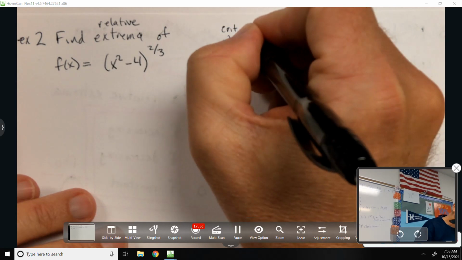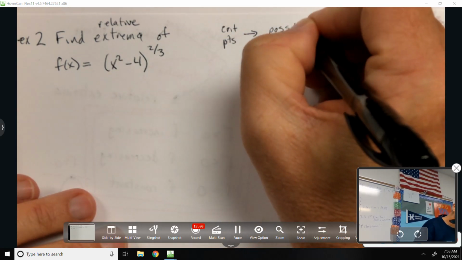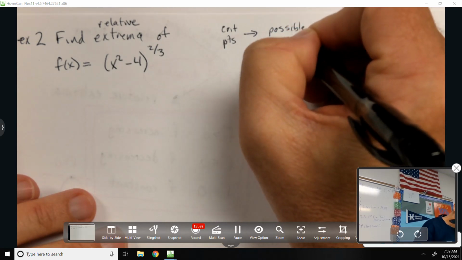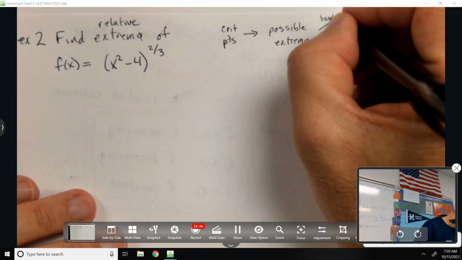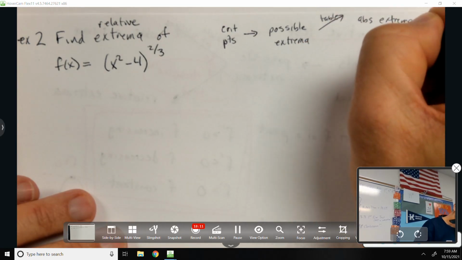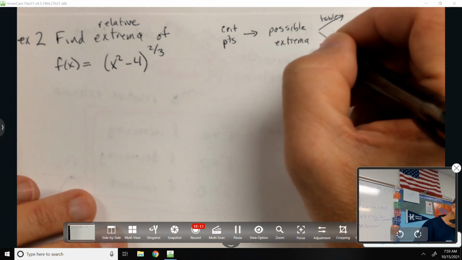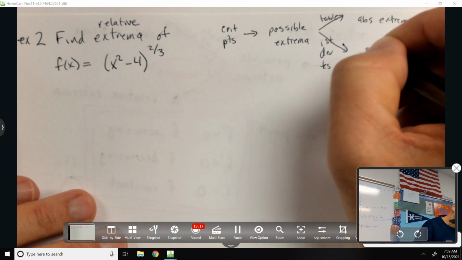You don't need to write this again, but maybe it helps to see it again. Critical points lead to possible extrema. Monday we did a table of values to get the absolute extrema. This is exactly what I wrote earlier. Today we're doing the first derivative test to find the relative extrema.